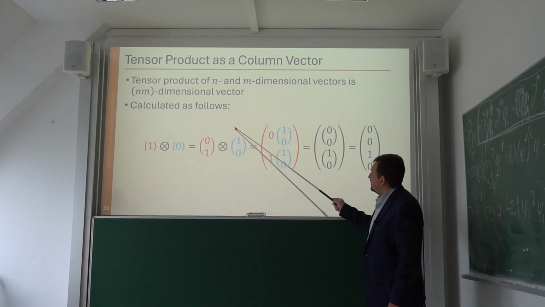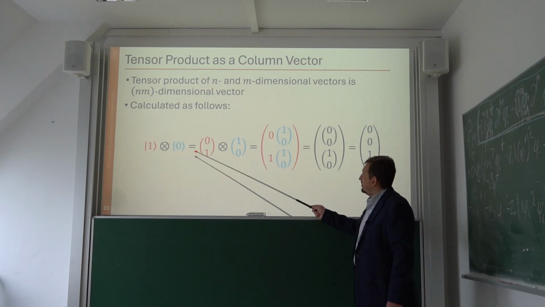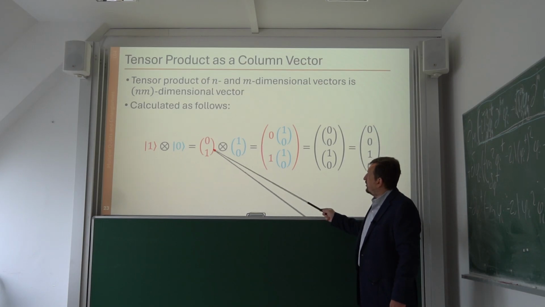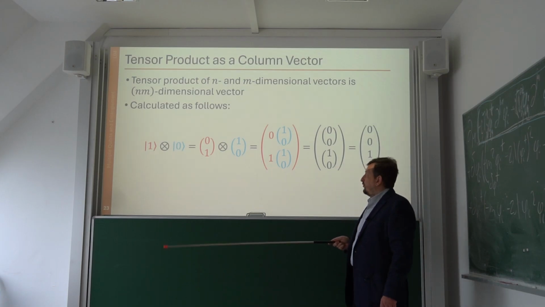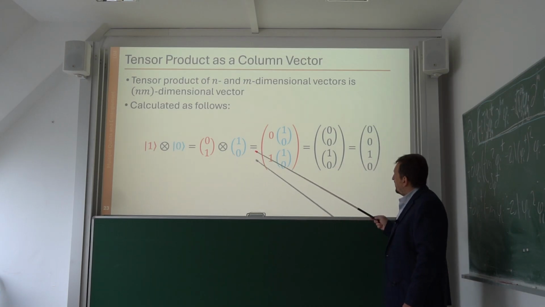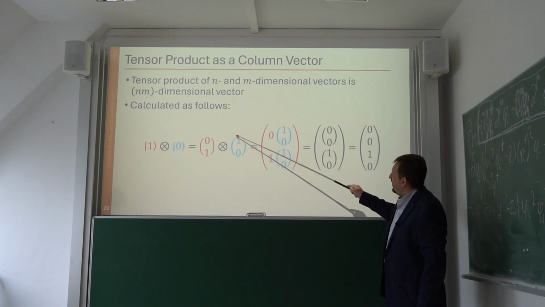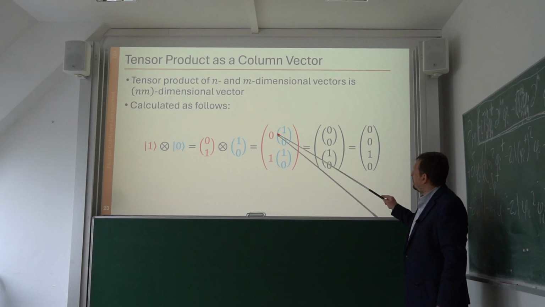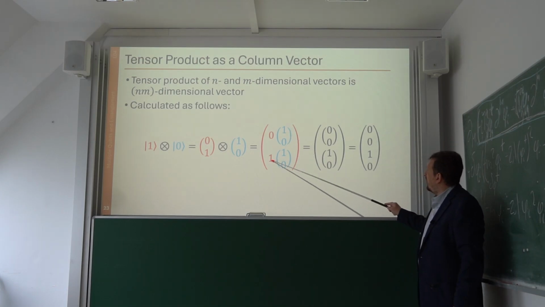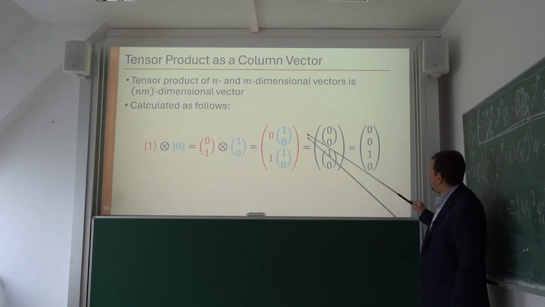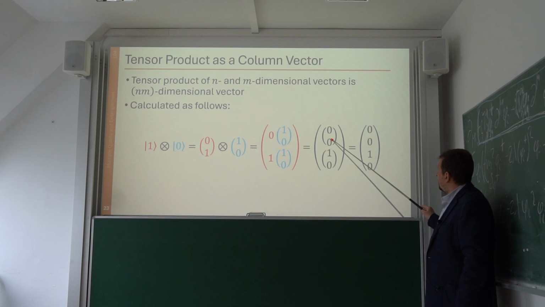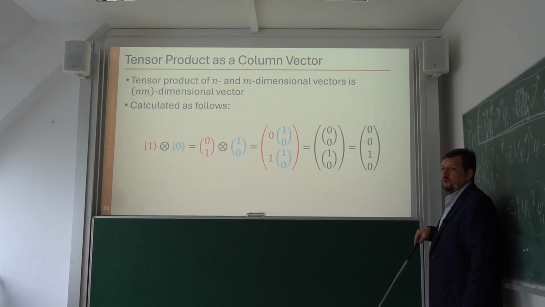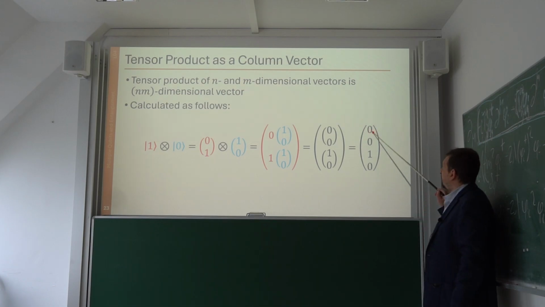This is a column vector for state 0. This is a column vector for state 1. To calculate the tensor product, I simply move this right part inside, like this. So now I have 0 multiplied by this column vector, 1 multiplied by this column vector. So here I have 0, 0, 1, 0, and the final step, just remove this inner parenthesis. And I have 1 column vector of dimension 4.